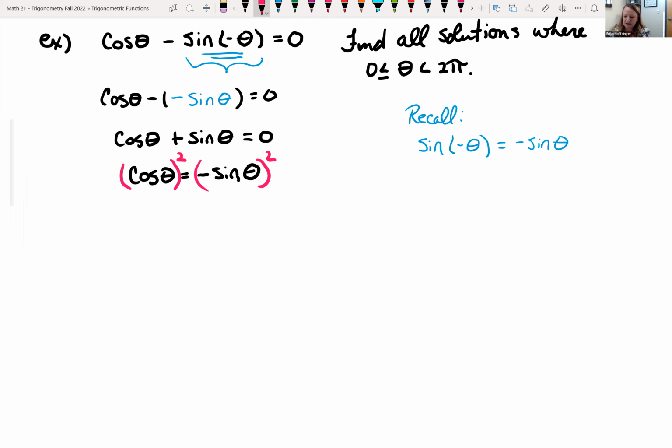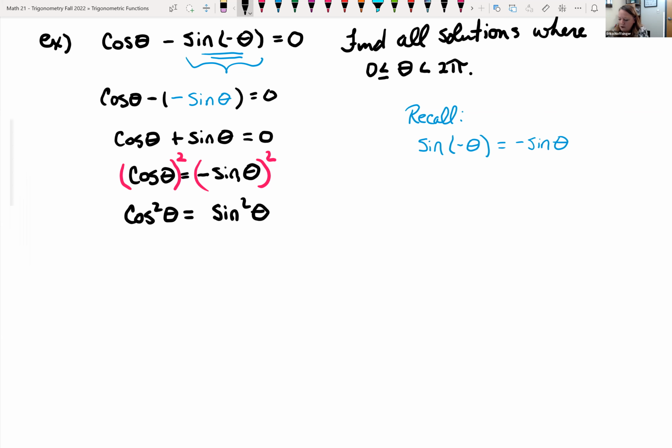Okay, so squaring both sides, we get cosine squared theta equals, well, negative sine theta times negative sine theta is positive sine squared theta. So we can either rewrite cosine squared theta in terms of sine squared theta, or write sine squared theta in terms of cosine squared theta, and it doesn't matter which route you go, you should get the same result.